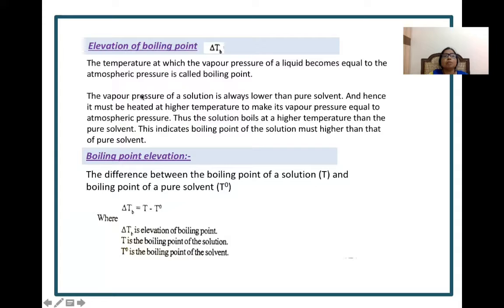The vapor pressure of a solution is always lower than pure solvent, and hence it must be heated to a higher temperature to make its vapor pressure equal to atmospheric pressure. Thus, the solution boils at a higher temperature than the pure solvent.